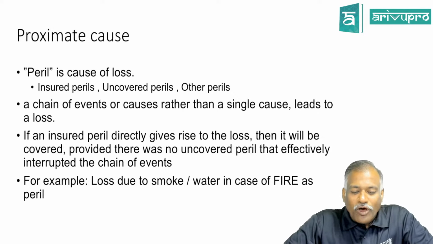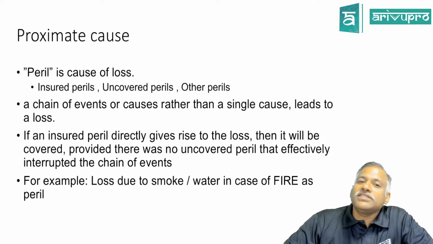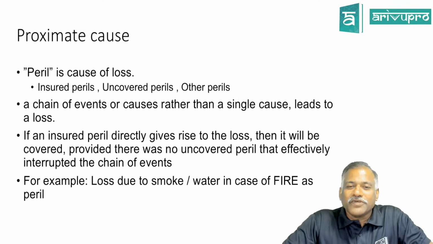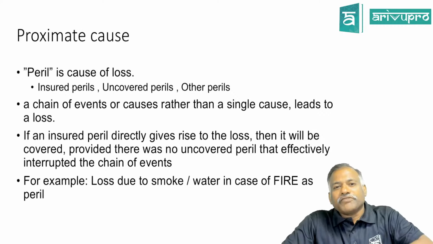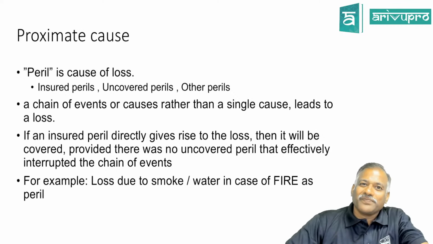For example, loss due to smoke or water in case of fire. So I was giving you the example of water in case of fire. Similarly, there can be loss due to smoke also, right? Let us say that there is fire. Fire is covered, and that fire caused a lot of smoke, and that smoke has led to other losses.